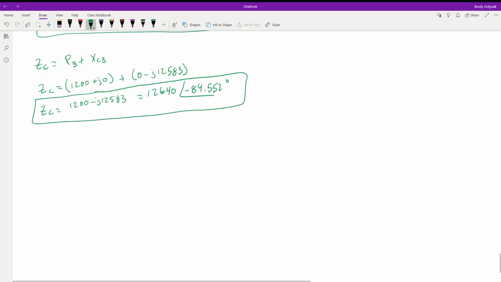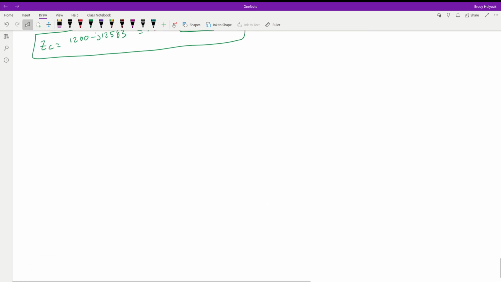Okay, so now that we have our impedances for each of the different branches, so we have it for just the series part and then the two parallel branches, now we need to solve for our Z total. So remember, our Z total is going to be equal to ZAB plus, because we're condensing the two parallel branches into a single series circuit, ZB in parallel with ZC. Now again, we can rename this as one value and call it Z parallel total.